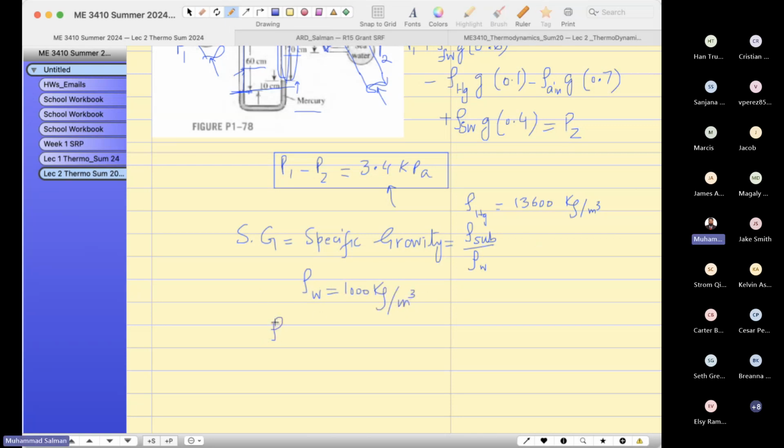And for mercury, the specific gravity is 13.6. This is dimensionless. Let us solve one problem.